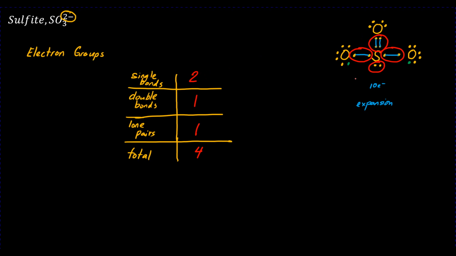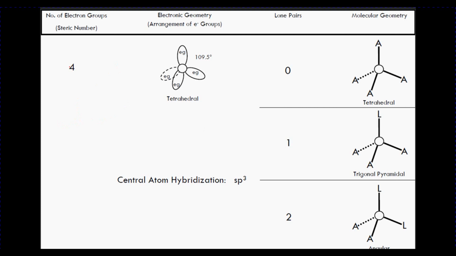Here, for a molecule or a polyatomic ion with 4 electron groups, those electron groups will assume a tetrahedral distribution in space. Tetrahedral because, as you can see here, tetra, 4 hedral faces. Let's say this one is the double bond, this one single bond, this one single bond, this one lone pair.